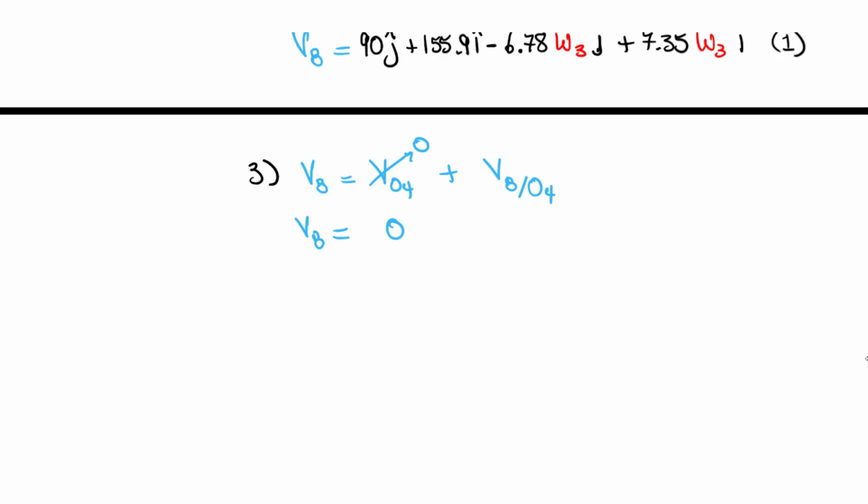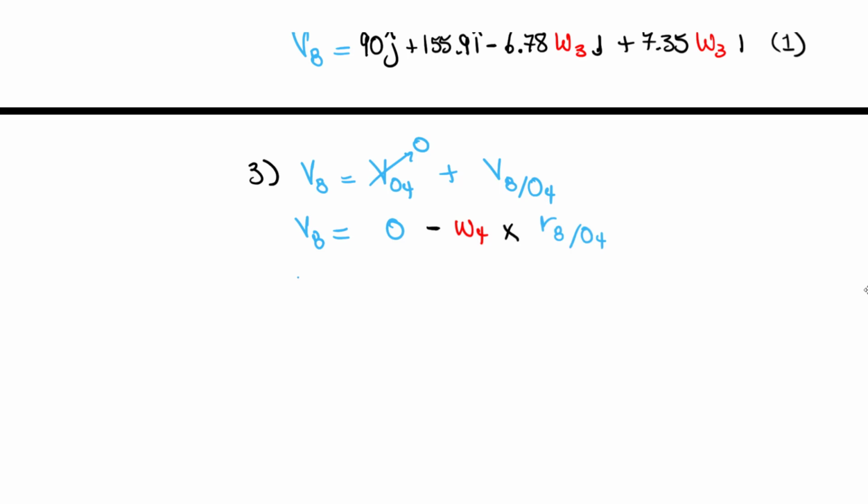So we're going to say it's negative omega 4 crossed with the position vector R B with respect to O4.